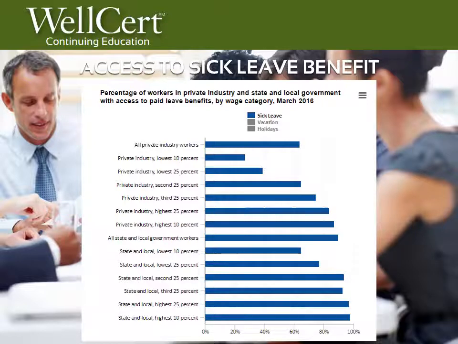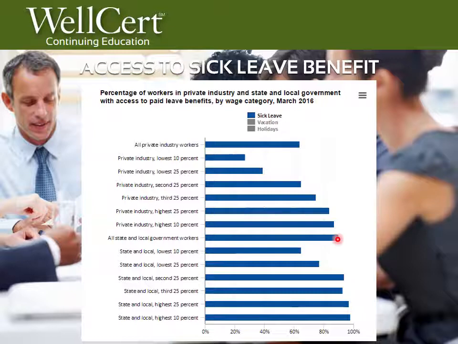And then if you go down to the item that shows, and let me see if I can use a laser pointer for this. If you see this one, all private industry workers, that's about a 65% occurrence rate. If they're all state and local government workers, we suddenly jump up to about 80, almost 90%. So that tells us that state and local governmental employers are much more generous in their provision of paid sick leave.